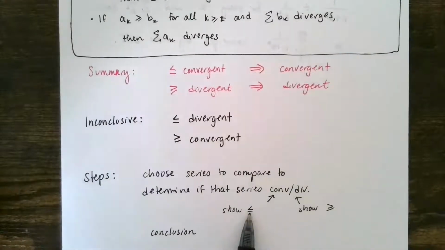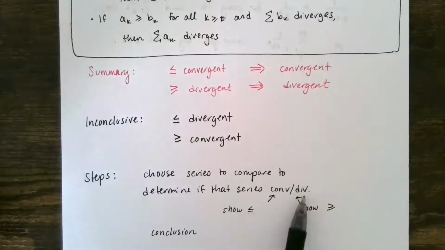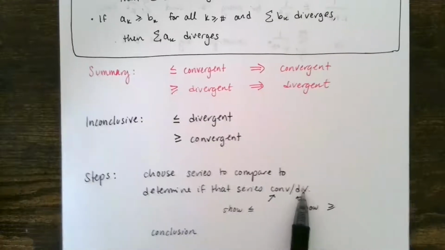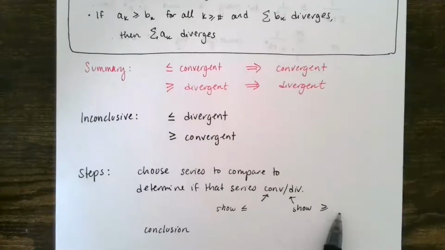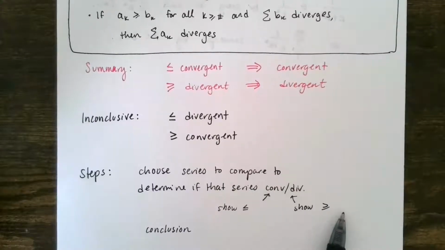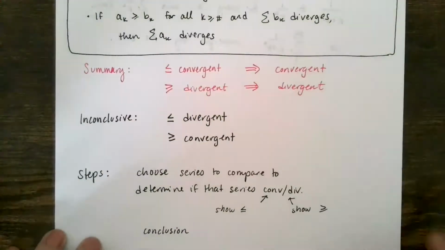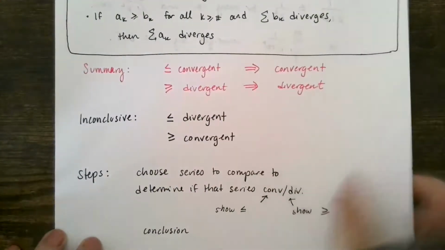If that's possible, you say, okay, it's convergent, I'm done. If that's not possible, you just say, this is inconclusive, I have to try something else. If that series is divergent, you'll attempt to show that your terms are greater than or equal to those terms. If they are, you say divergent. If they aren't, again, inconclusive, and you have to try something else, either a different comparison or just a different test altogether. All right, so let's see this test in action.